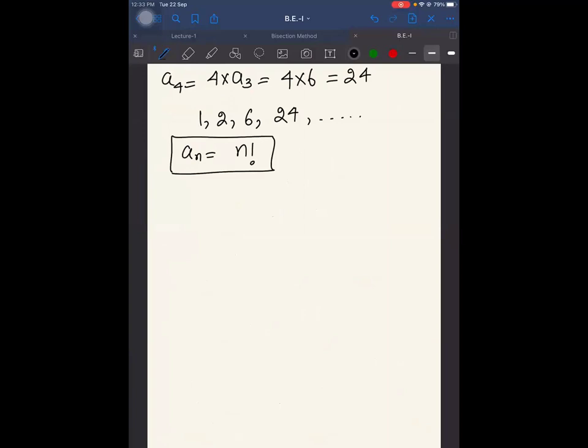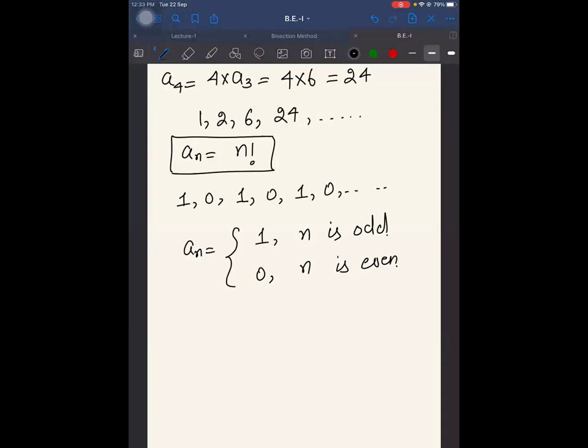There may be some tricky questions like 1, 0, 1, 0, 1, 0. How do we write this? What is the general term? You may write it as 1 if n is odd, 0 if n is even.